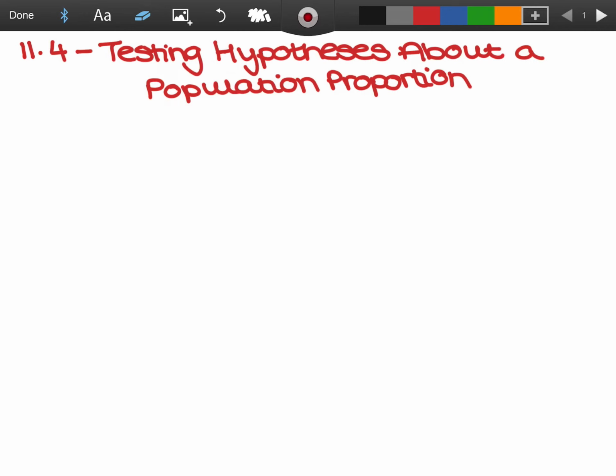So you're always going to end up with these hypotheses. You're going to have your null hypothesis, which is going to say that your population proportion equals some value. We'll call it P0, okay? It'll be whatever value they think it is, and it's always as a decimal. So if they ever give it to you as a percentage, make sure you go back and put it as a decimal, okay?